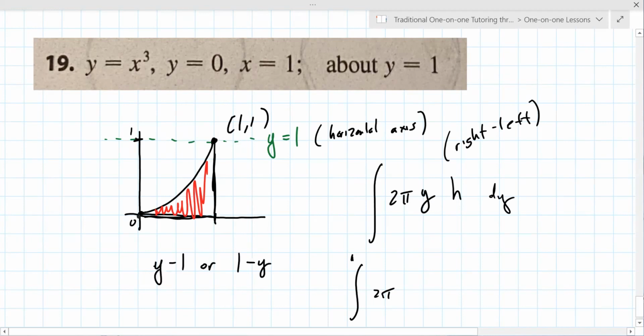Well, when y is 0, it's 1. See how y minus 1 doesn't work for that? And when y is 1, it's 0, and 1 minus y does work. So that's one way to do it. You can also think of it this way: if there's a gap that's positively contributing, you add, but if it's a gap that's negatively contributing, you subtract.